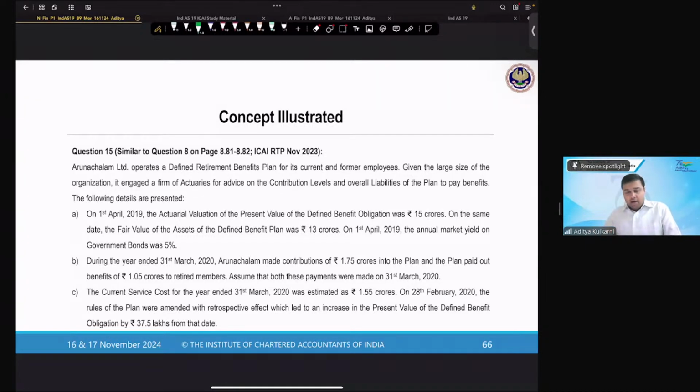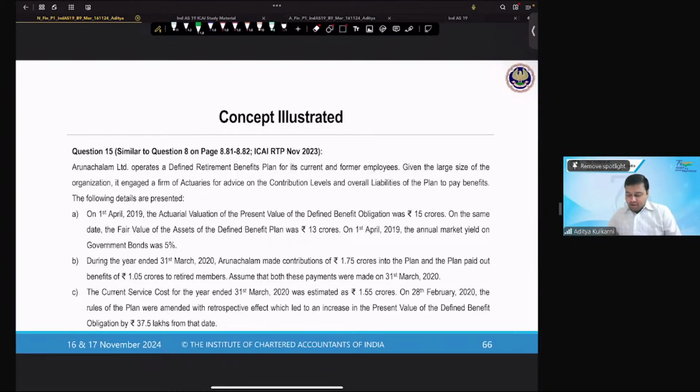Arunachalam operates a defined retirement benefit plan for its current and former employees. Given the large size of the organization, it engaged a firm of actuaries for advice on the contribution levels and overall liabilities of the plan to pay the benefits. The following details are presented.